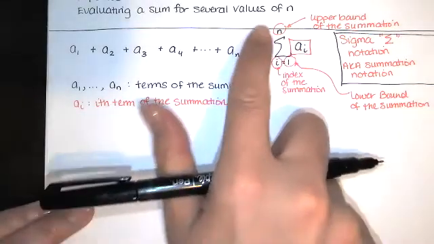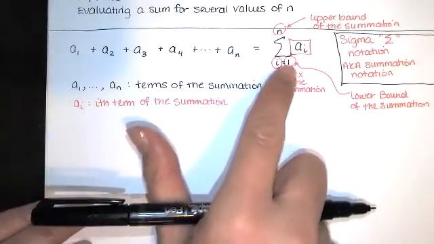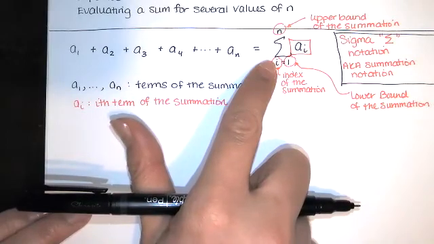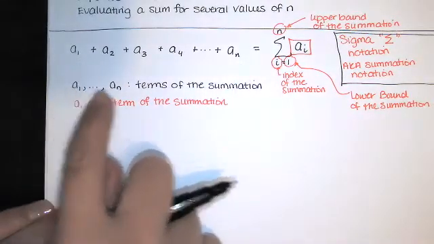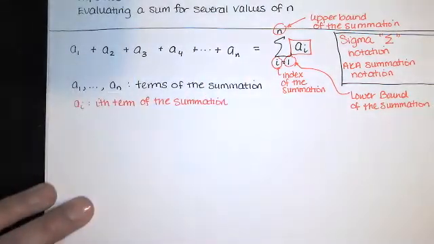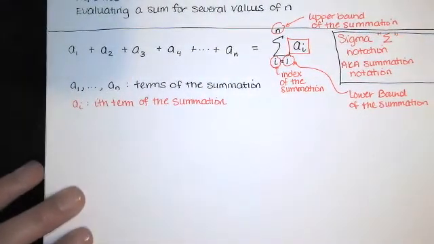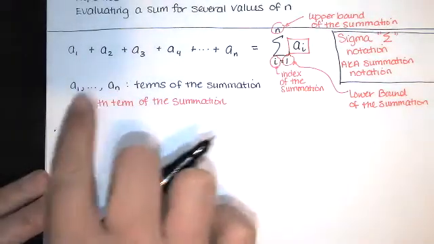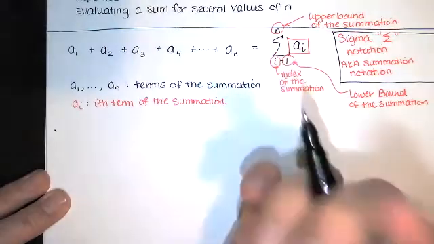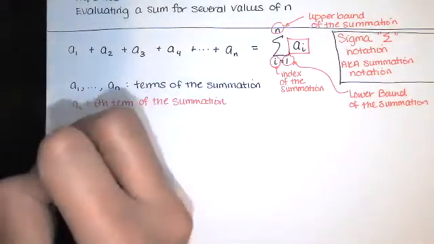That's the ith term, the upper bound, the lower bound, the index of the summation. And when we expand it, a sub 1 through a sub n are called the terms of the summation. Again, this is just shorthand for a sum. Now, this a sub i just is a stand-in for a number.